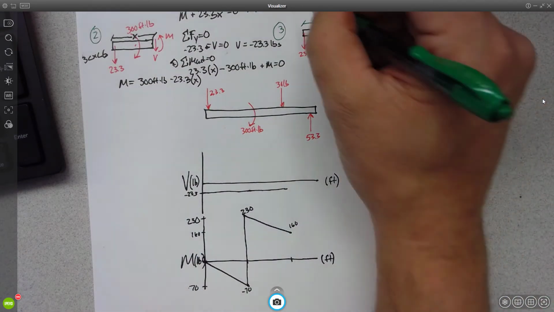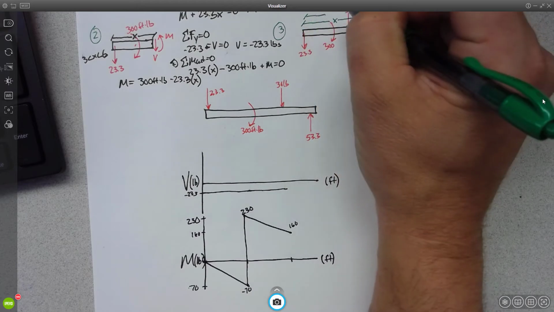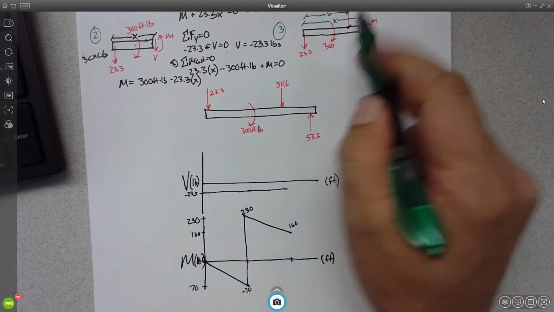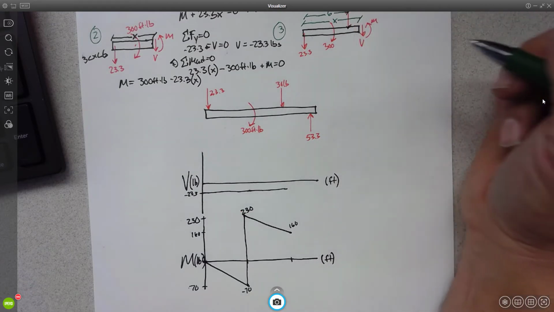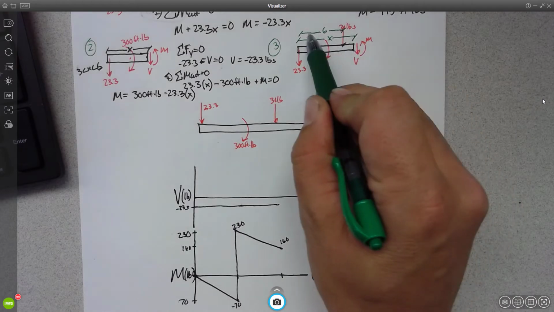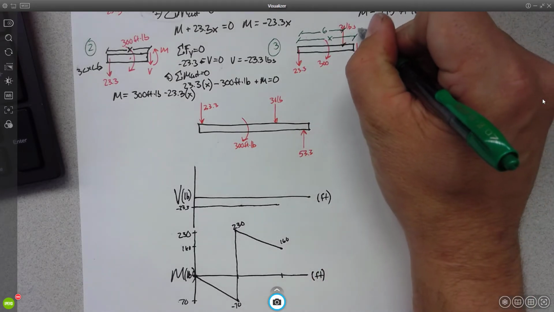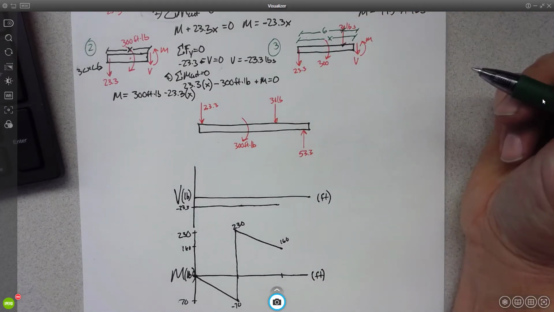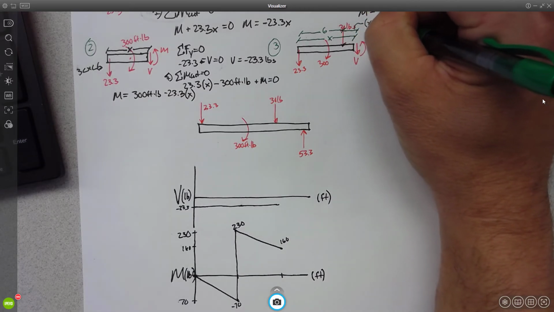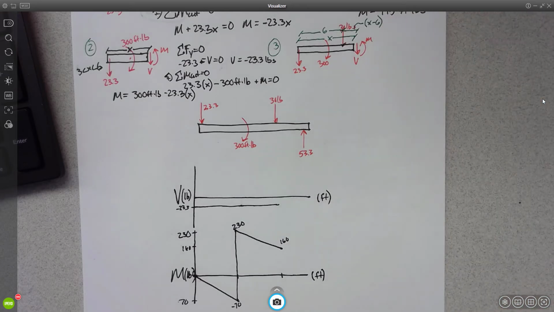This is at 6, right? So what would the distance from the cut to the 30 pounds be? If this distance is x, this distance is 6, what is this distance right here? Exactly, this would be x minus 6.